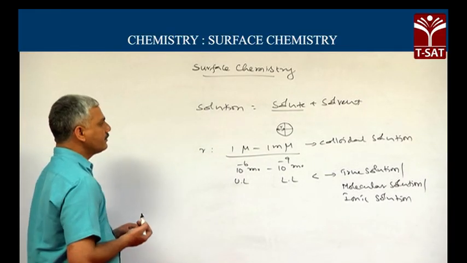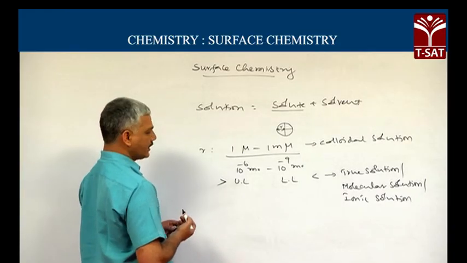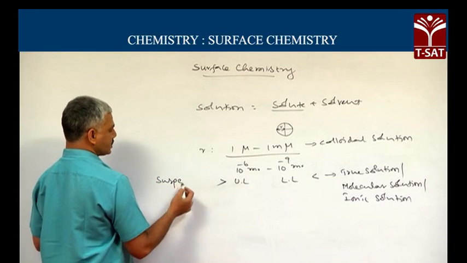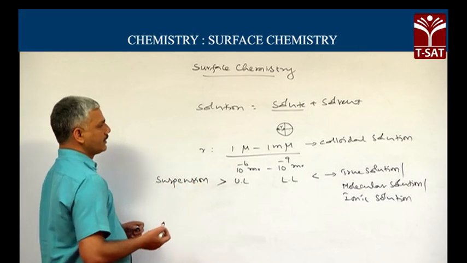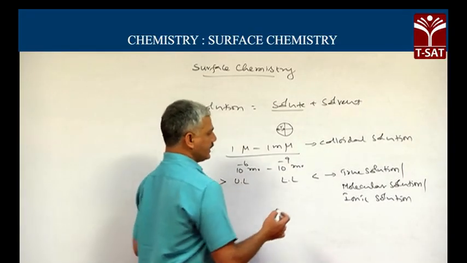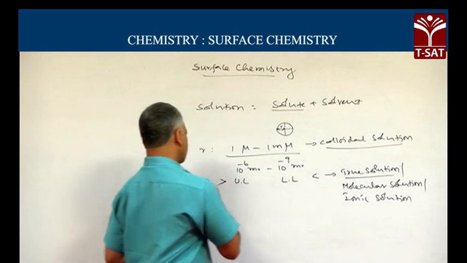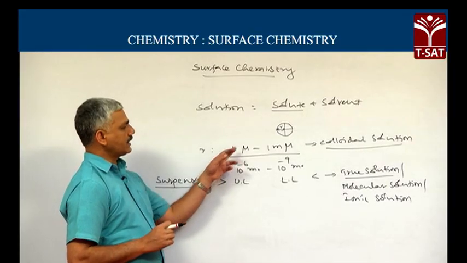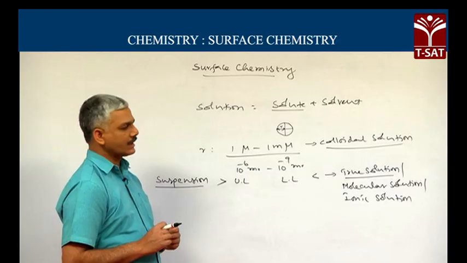If the particle size of solute is more than the upper limit, then the resultant mixture is called a suspension. So, this classification of solutions into three types, colloidal solutions, true solutions and suspensions, is based on the particle size of the solute particles.